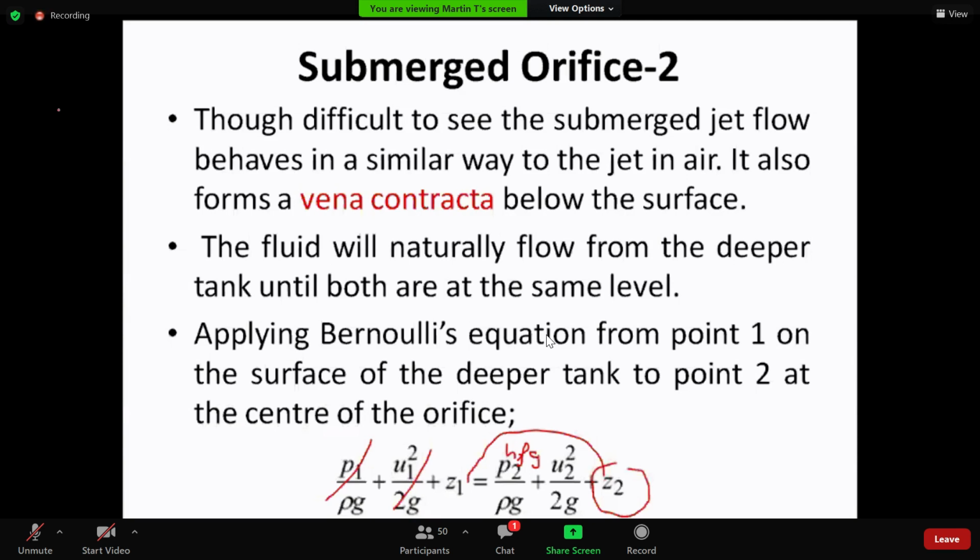Now, if you say different densities, are we still talking about the same streamline? I don't think so, because remember, one of the assumptions that we talked about is that we are not considering friction.